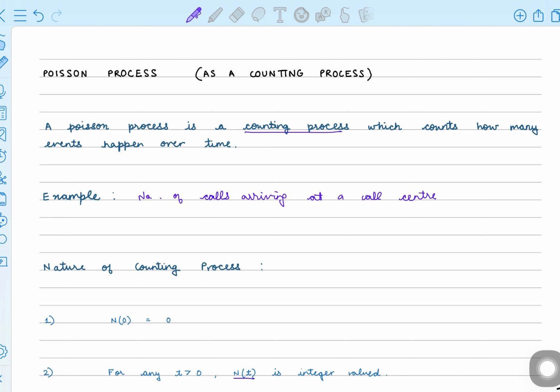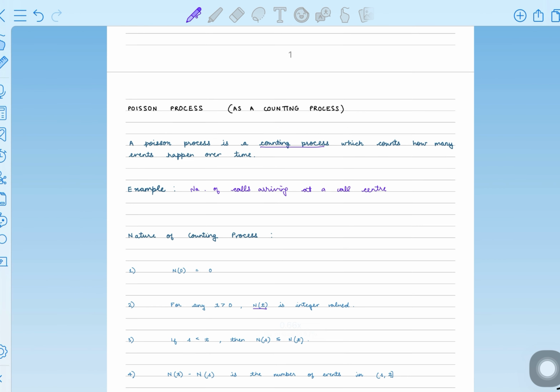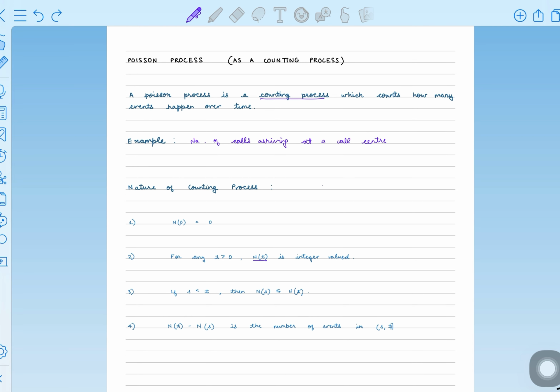Now, since Poisson process is essentially a counting process, it's obvious that it will follow all the characteristics of a counting process. Let's discuss these one by one. Let's start by taking a variable t, which represents a particular time period.